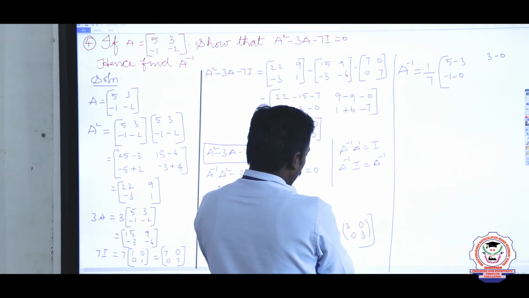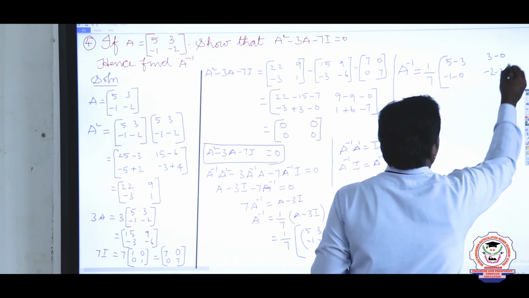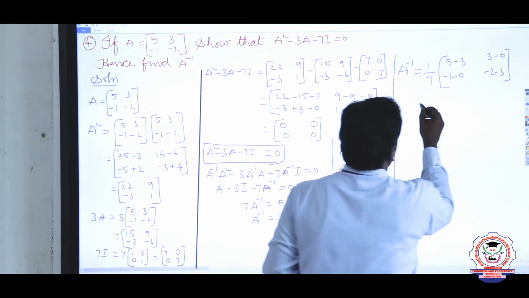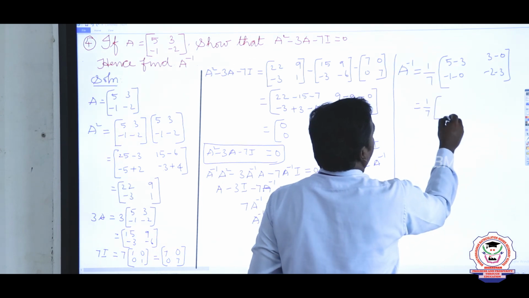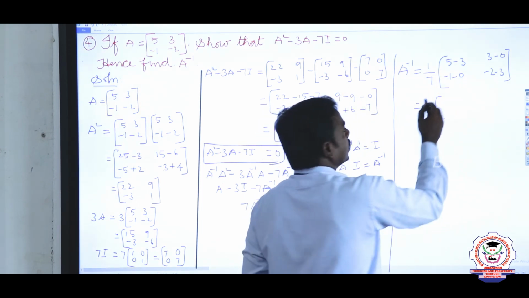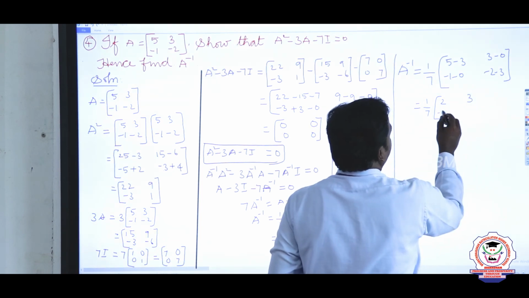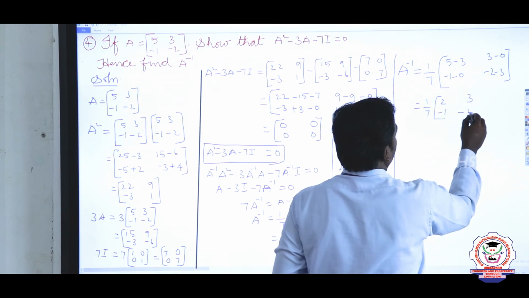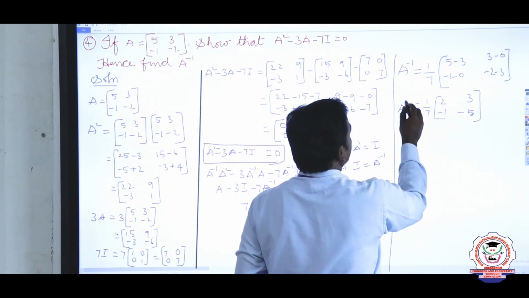Minus 2 minus 3. Now we simplify: 1 by 7 into [2, 3; minus 1, minus 5]. This is the required A inverse.